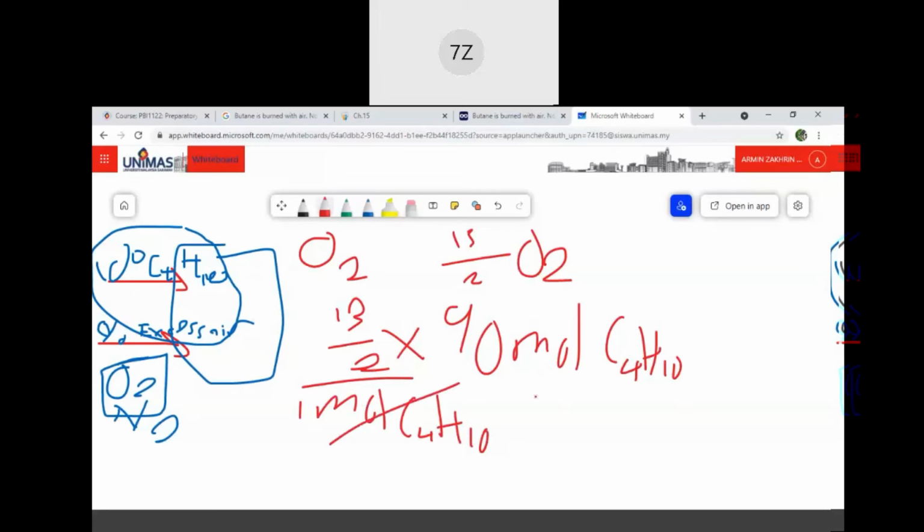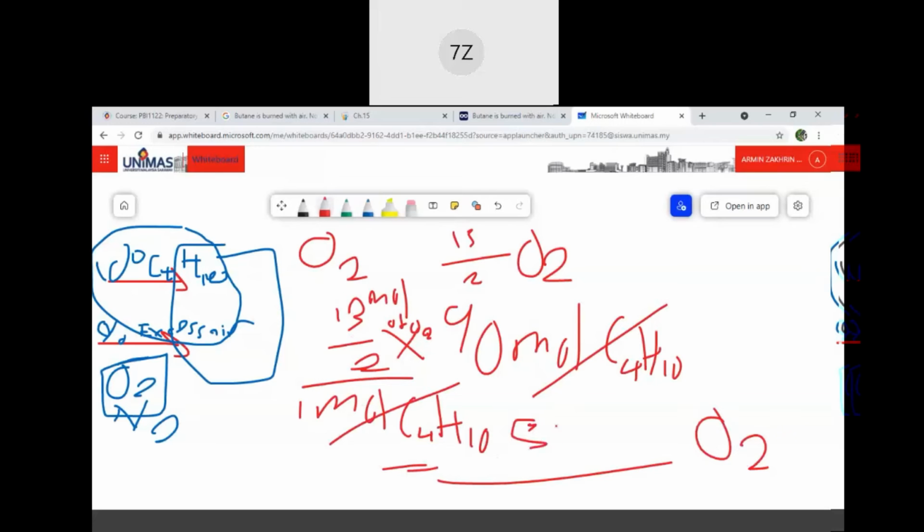So we cancel out the unit, so it is left with mole of O2. So we get the product mole of O2, that is 585 mole.